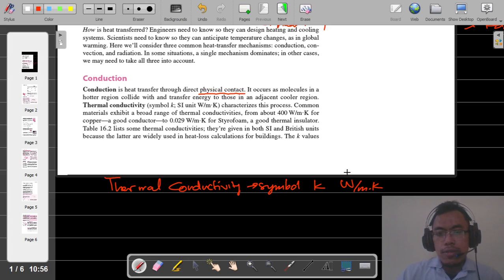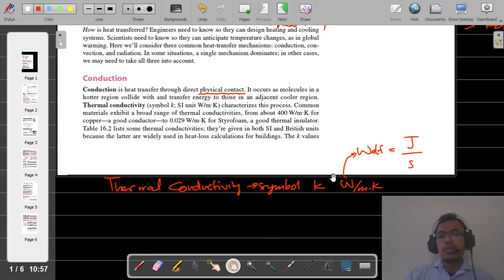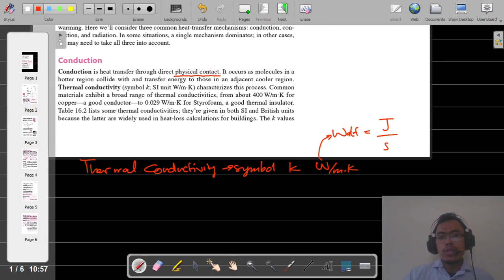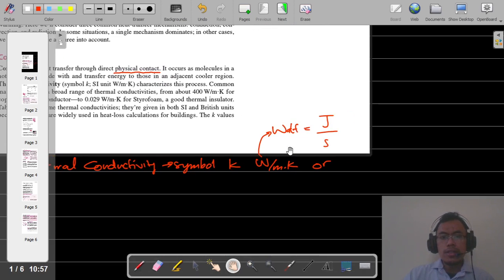Watt, W, is joule per second, so we can also write this unit as joule per second meter Kelvin.